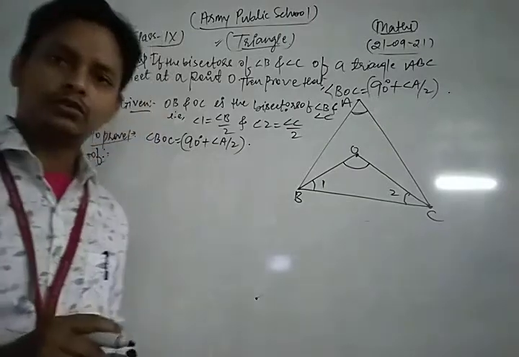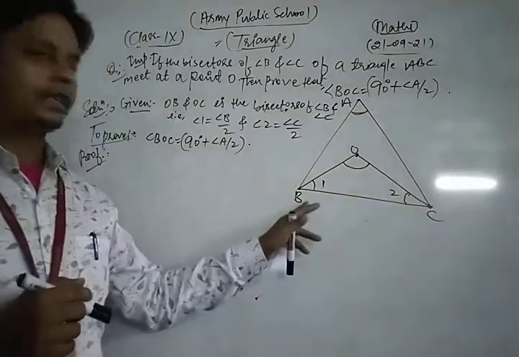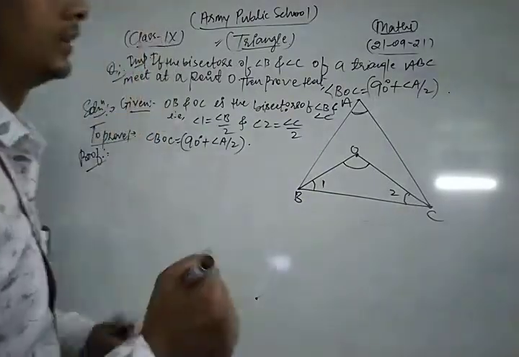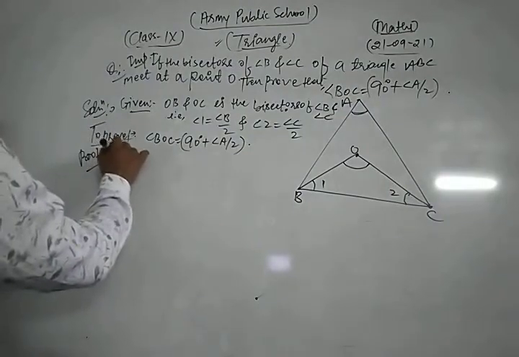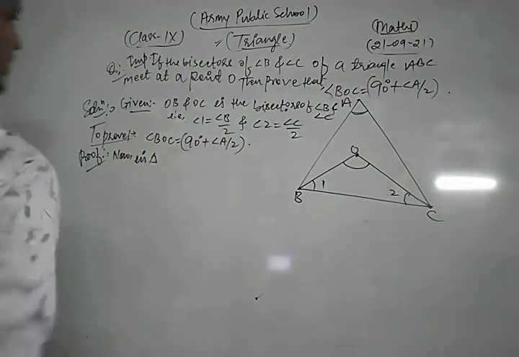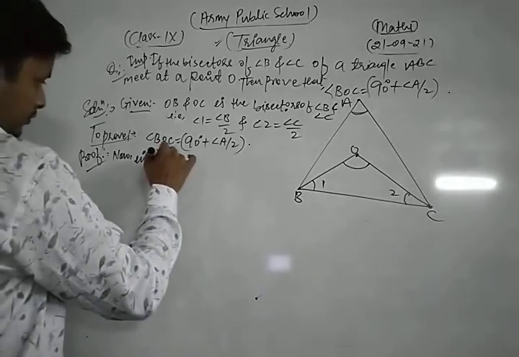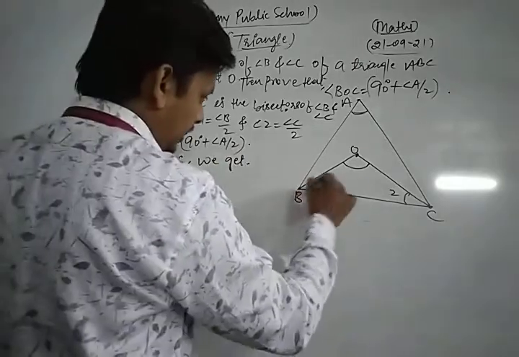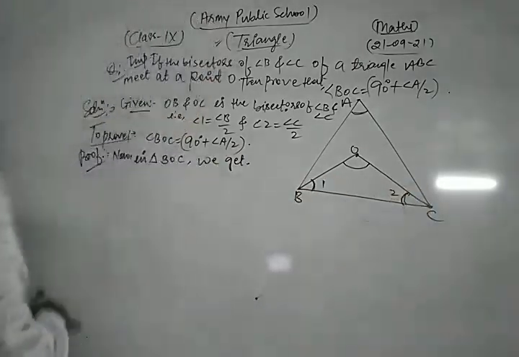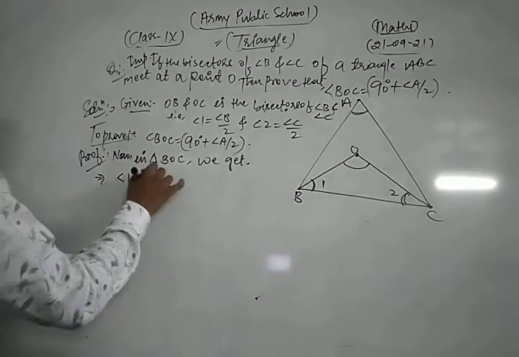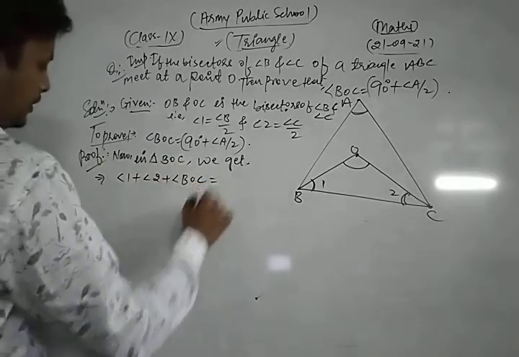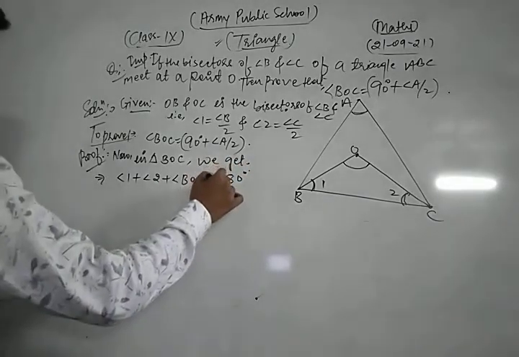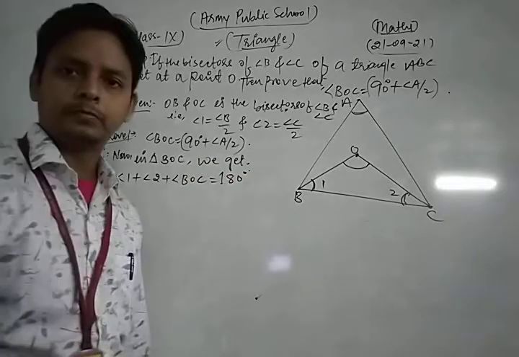First, dear friends, we take triangle BOC and we apply the angle sum property to the triangle. Now in triangle BOC we get the sum of all three interior angles of a triangle, that is, angle 1 plus angle 2 plus angle BOC is equal to what? 180 degrees.